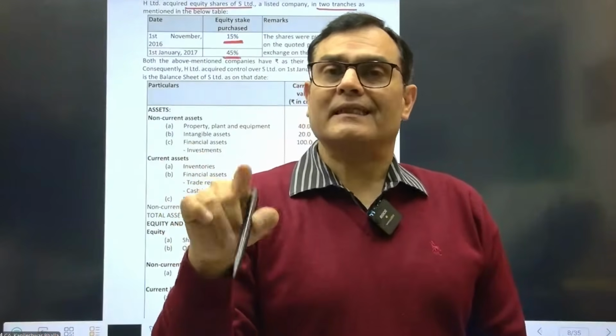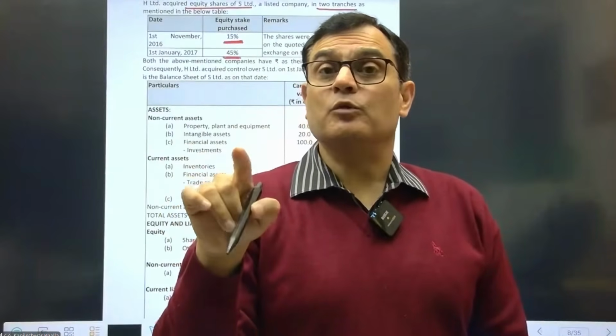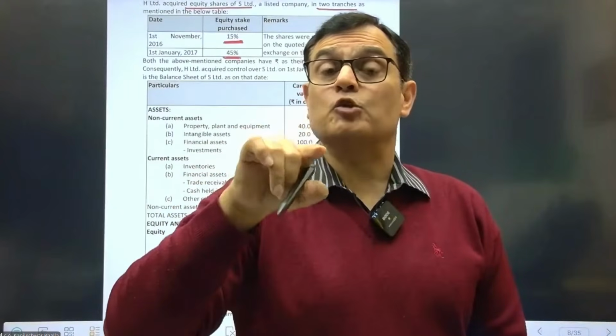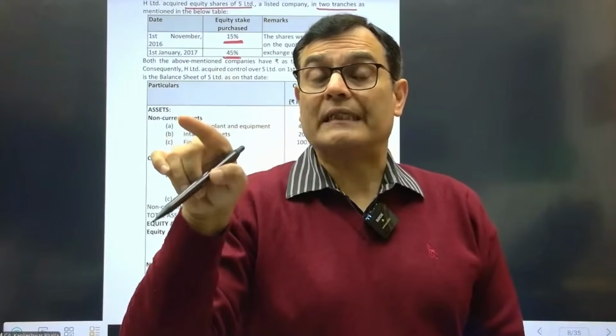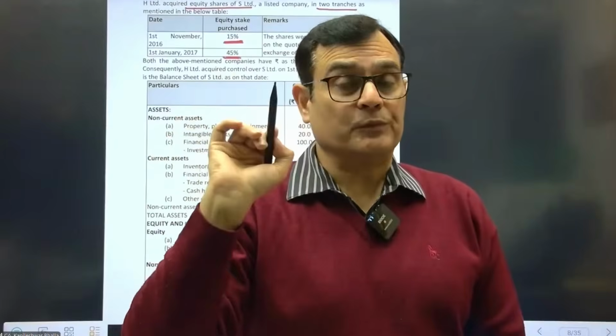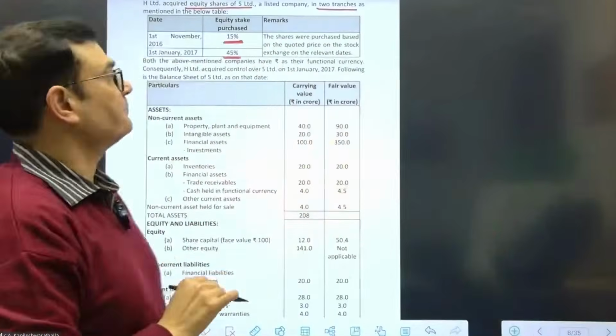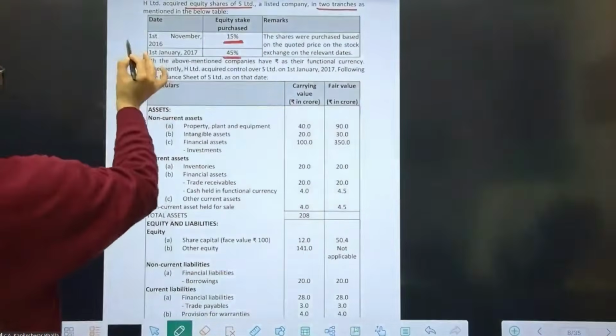So this means that in this particular case, we need to apply the concept of switch over from Ind AS 109 to Ind AS 110, as well as, of course, 103. So updation of the PHI at a fair value is required. Is my thought correct? Yes, sir. That's right.